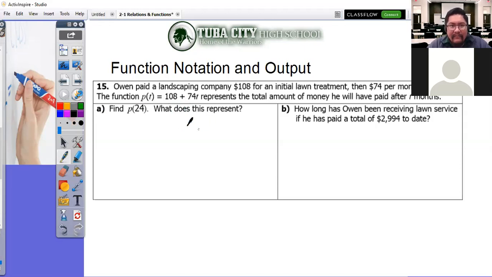So now it looks like here we're plugging this in. So P of 24. So we want to use the function that they gave us, 108 plus 74t, which in this case is 24. Well, remember what it means. T is time in months.